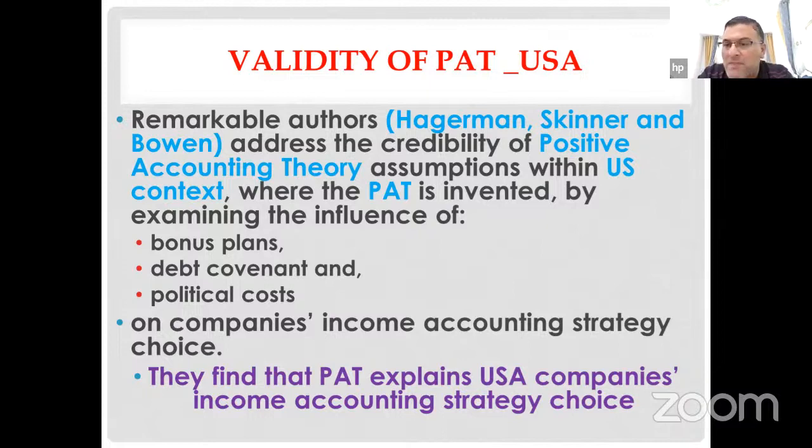All of them, and there are more than them, those researchers and authors, find that positive accounting theory explains US companies' income accounting strategy choice. What I mean by explains is that, as I mentioned, positive accounting theory predicts the opportunistic use of accounting by managers to achieve some goals, and they find evidence.